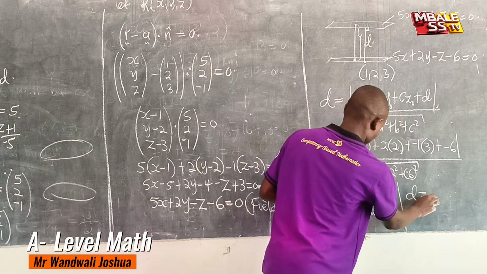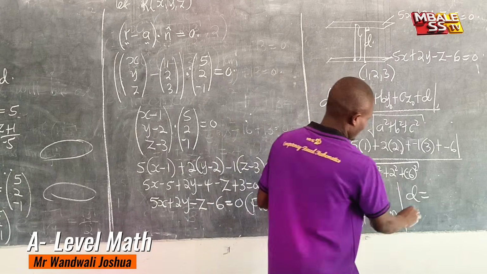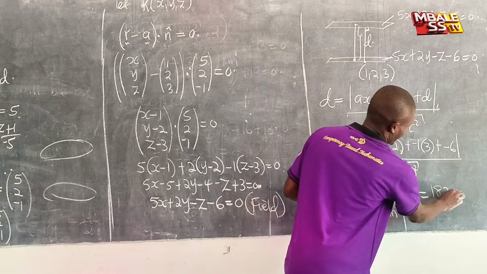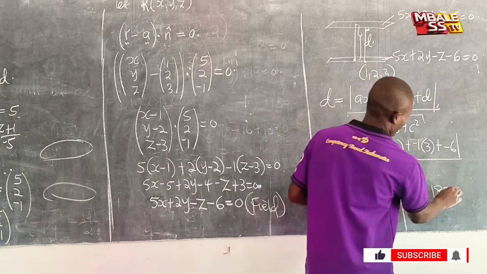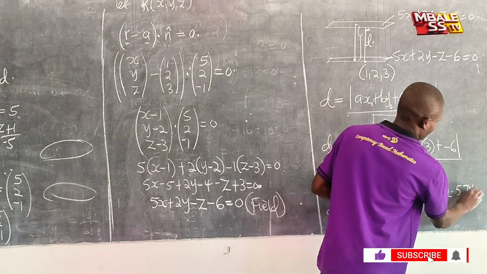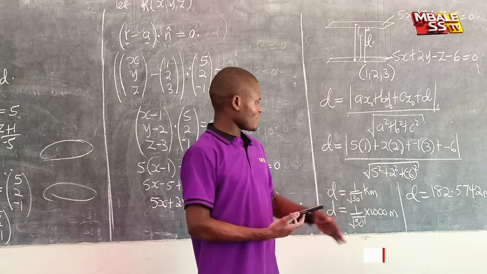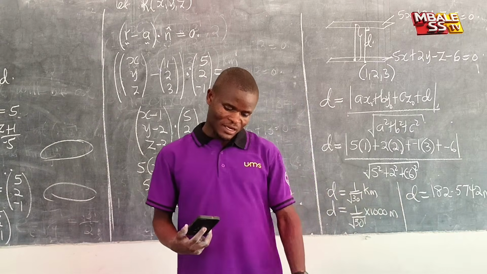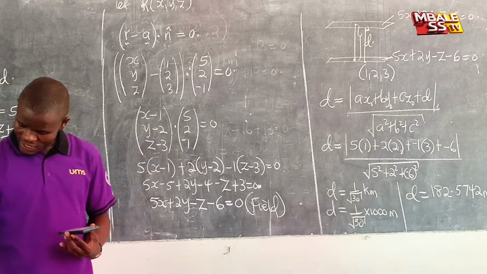That distance gives us something like 182.5742 meters. Now this distance lies between 180 and 185 as required by the setter of this item.